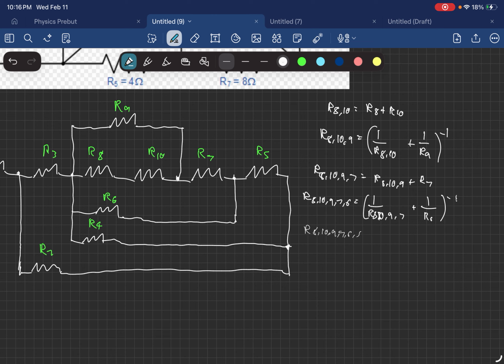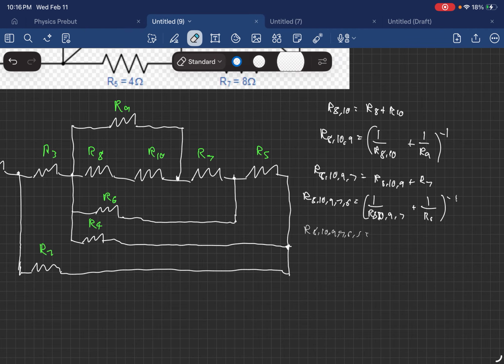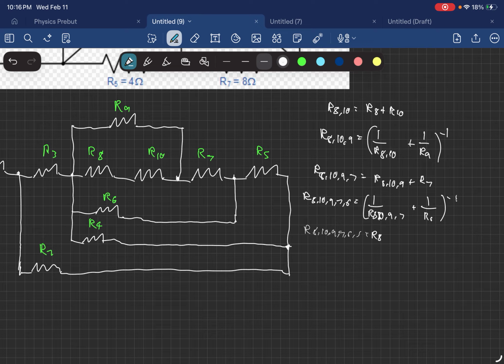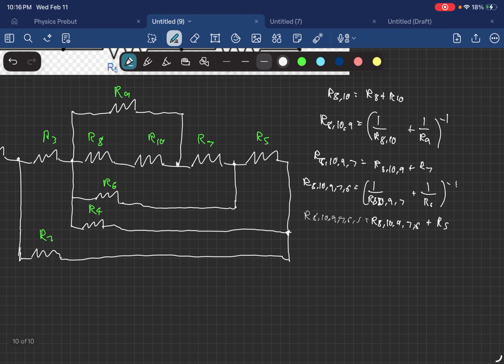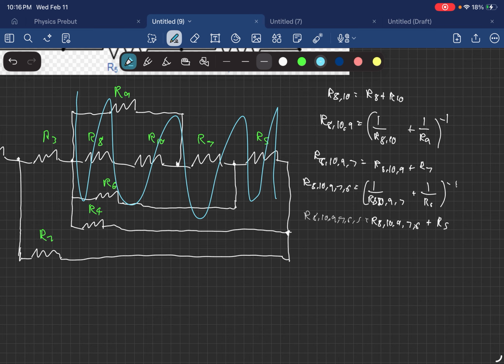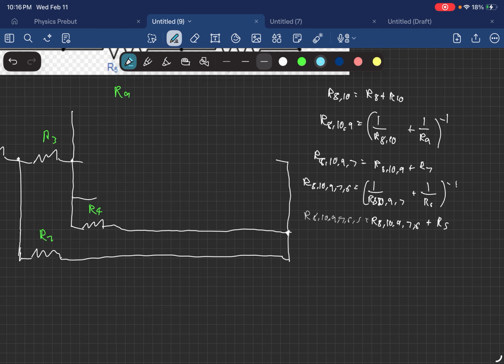R8,10,9,7,6,5 equals R8,10,9,7,6 plus R5. So now you have this whole thing, and it's in parallel with R4.